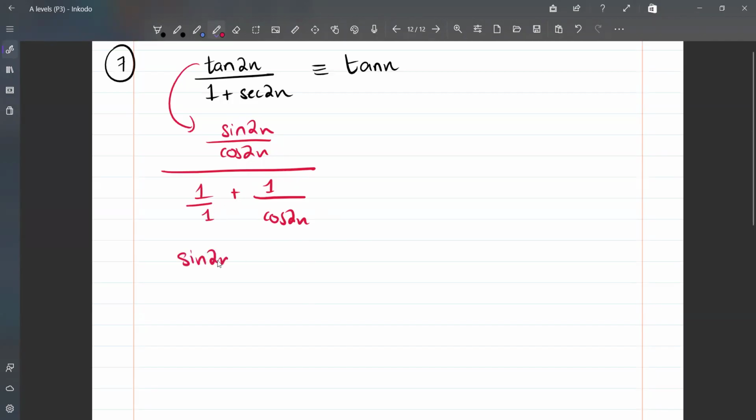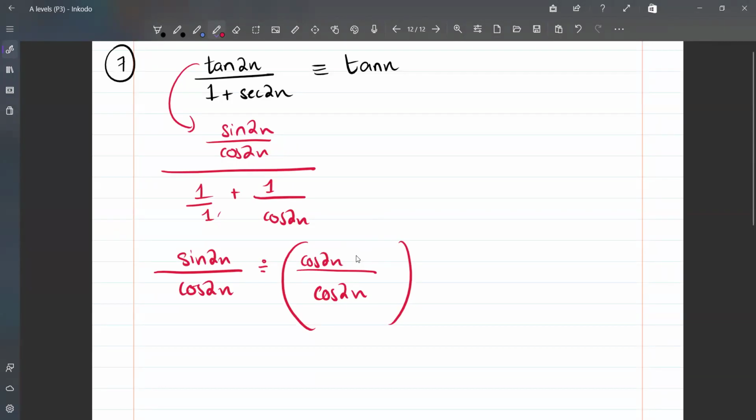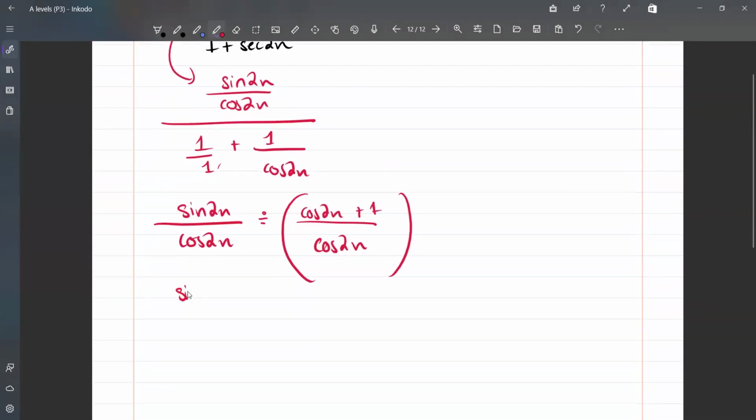Sine 2x upon cos 2x divided by 1 into cos 2x, cos 2x into cos 2x, we get cos 2x plus 1 here. And we would just reciprocal it.